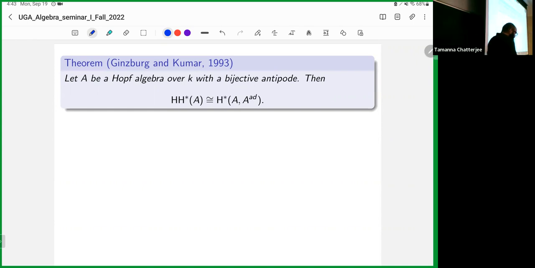I want to mention a little bit about the bijective condition. It seems there's a special condition in the theorem, but actually that condition is not a real restriction for the Hopf algebras we consider.